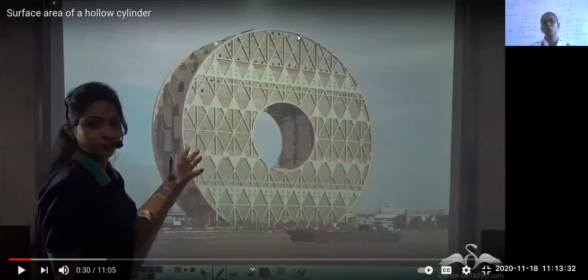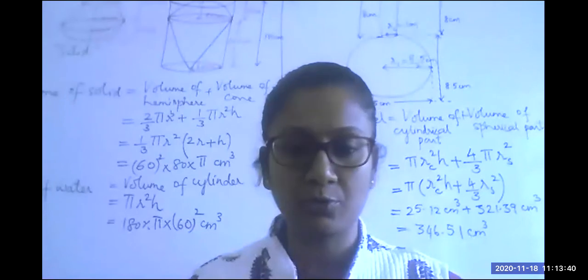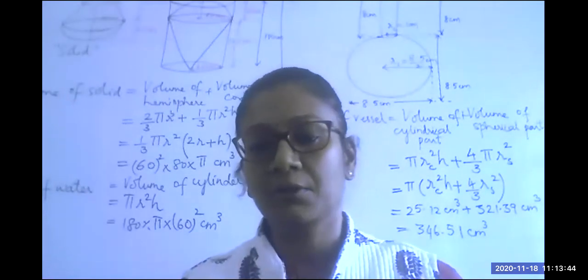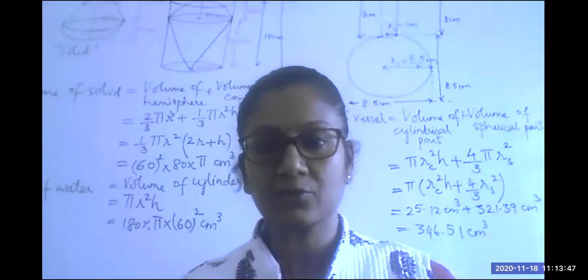So let us see how we can derive the formula for such a structure, which we call as a hollow cylinder. I'll just come back. There is one more video also which I wanted to share. Just give me 1 minute. Why that is not getting selected.